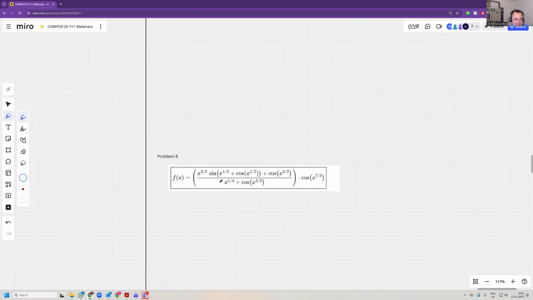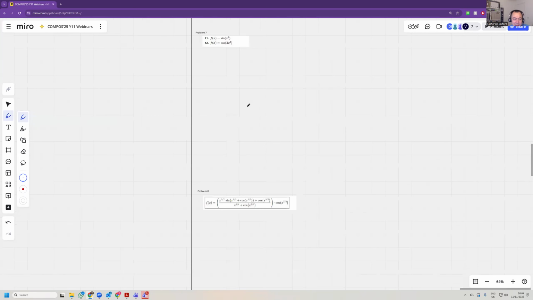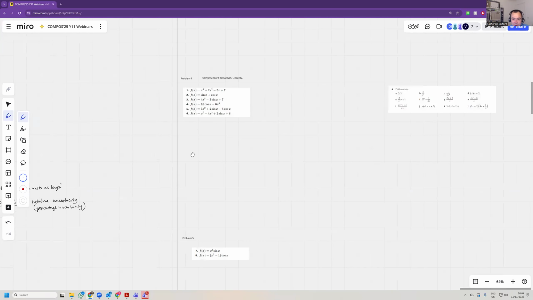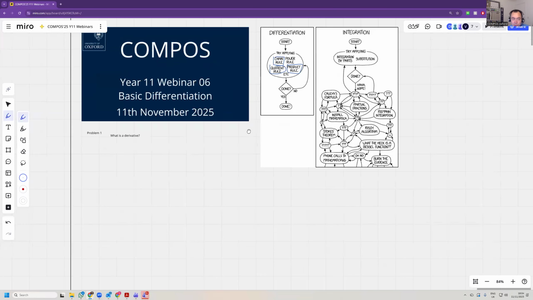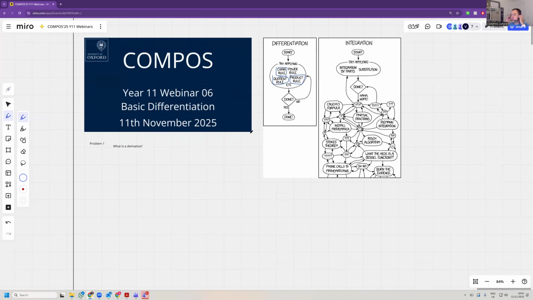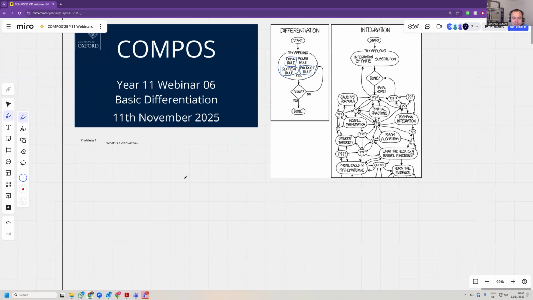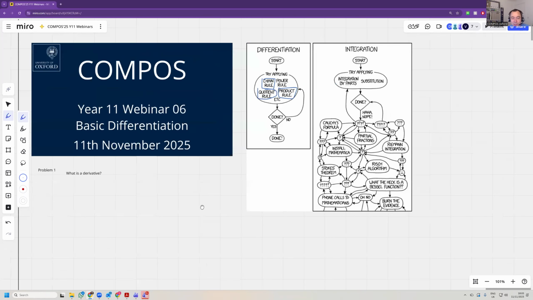But no matter how difficult the function is, if you know the rules of differentiation, you should be able to do it. So literally after this session, you should be able to differentiate any function whatsoever. Integration is way more complicated.